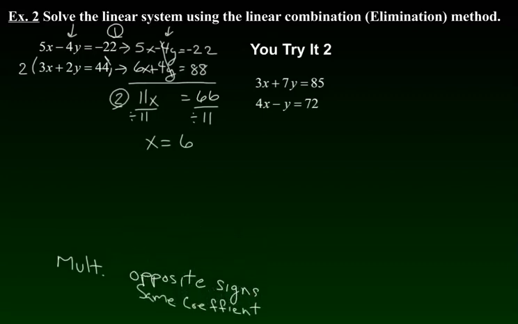So now I'm going to take that and plug it back into one of the two original problems. So this is step 3. Smaller numbers, it looks like the second one for the most part. So we get 3 times 6 plus 2y equals 44. 3 times 6 is 18 plus 2y equals 44. I need to get the 18 to the other side, so I'm going to subtract 18.